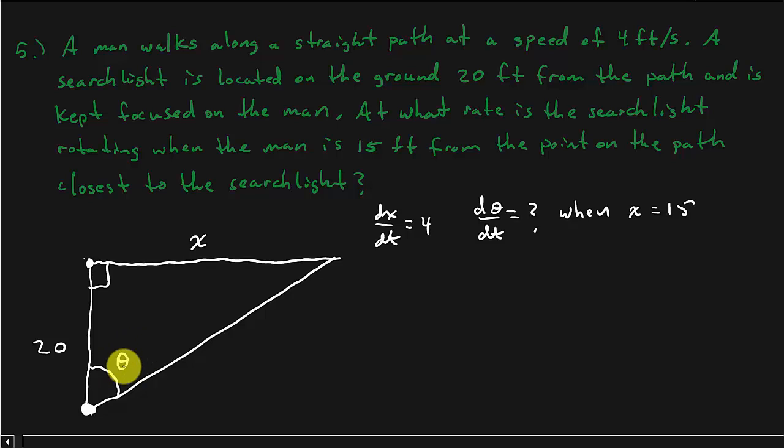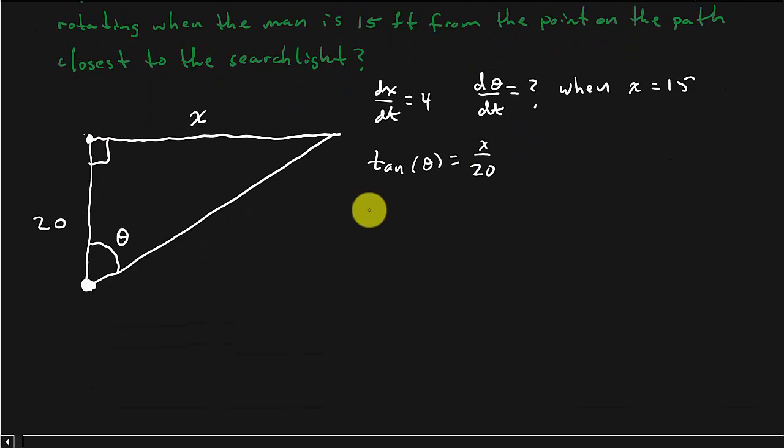So we've got theta, x is the side opposite, 20 is the side adjacent. So tangent theta is equal to opposite over adjacent, which gives me x is equal to 20 tangent theta.